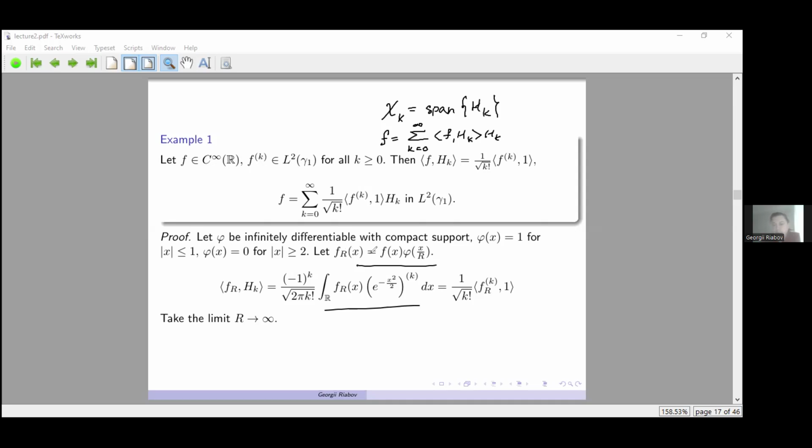So when r converges to infinity, the functions f_r and all their derivatives converge to the function f and all the derivatives of f. For the functions f_r, integration by parts is possible because they have compact support. So we obtain this equality for f_r and then take the limit.